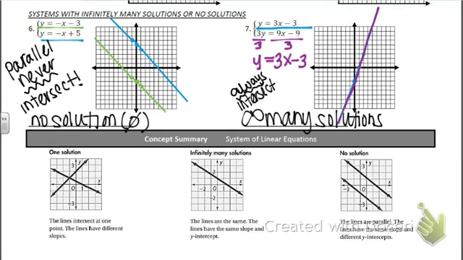There's a summary at the very bottom of one solution, infinitely many solutions, and no solution. So if they cross, it's 1, and then same line and parallel lines are infinitely many and no. Okay?